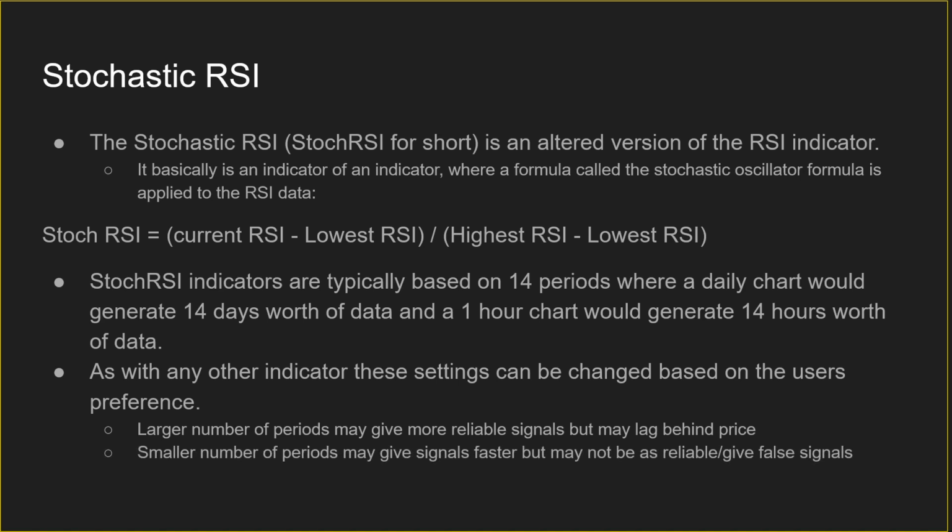Smaller periods may give signals faster, but they may not be as reliable, or they may give more false signals compared to using the default or maybe even larger periods, right? So it's best suggested, if you're a beginner, stick with the 14-day, and once you get the hang of that and have a stronger understanding of technical analysis and using these indicators, then you can experiment.